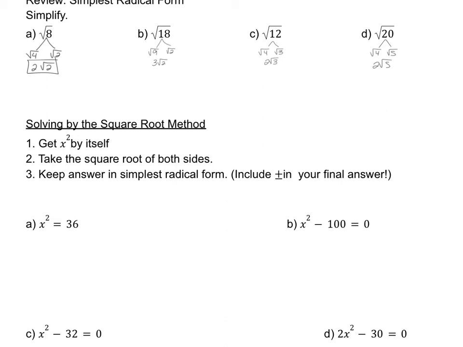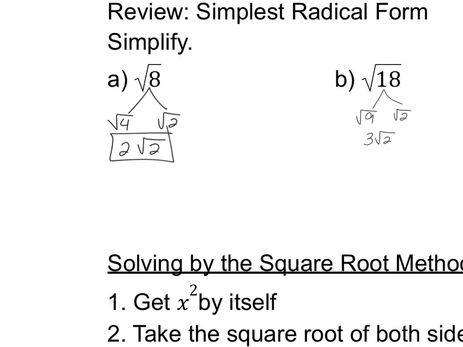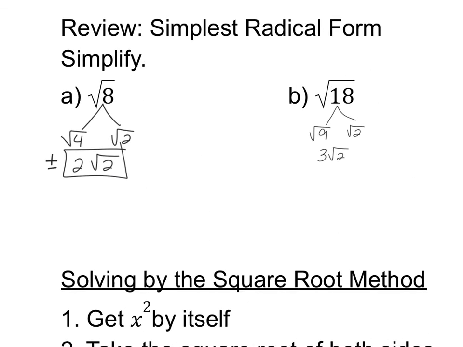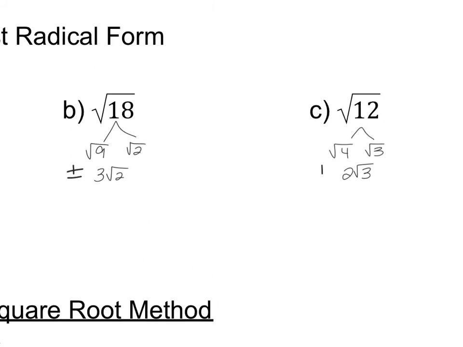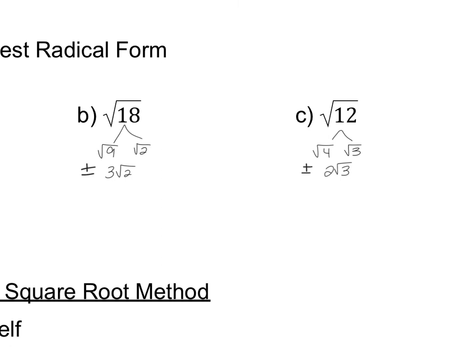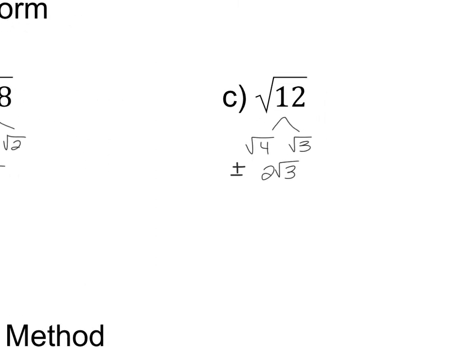And remember, this is the part that people will mess up, include plus or minus in your final answer. I should have done that up there. So all of these answers up here have two answers, right? When you take the square root, you have the positive version and the negative version, always. So you do a plus sign and then a minus sign underneath, and you just say plus or minus 2 square roots of 3.